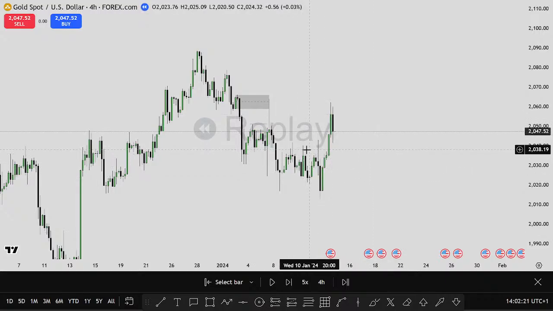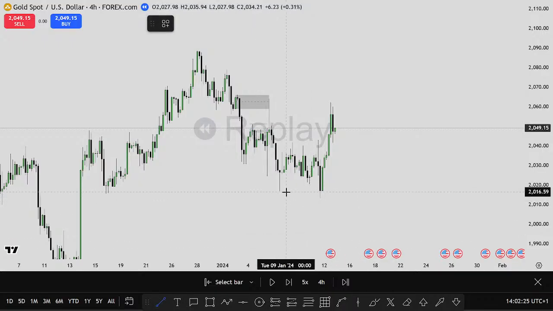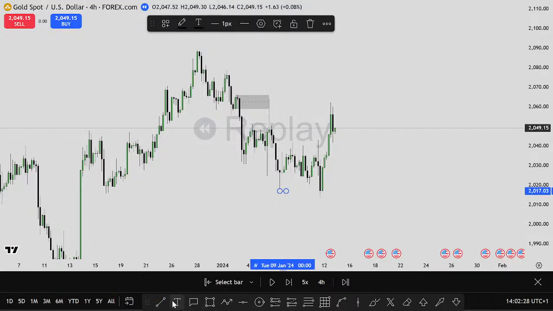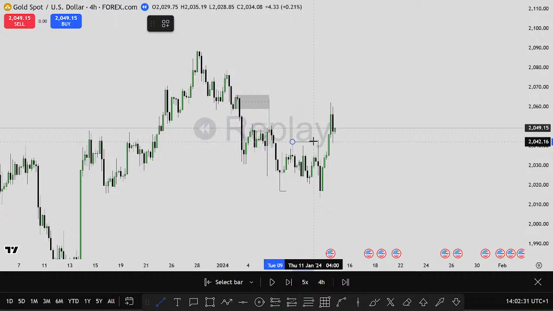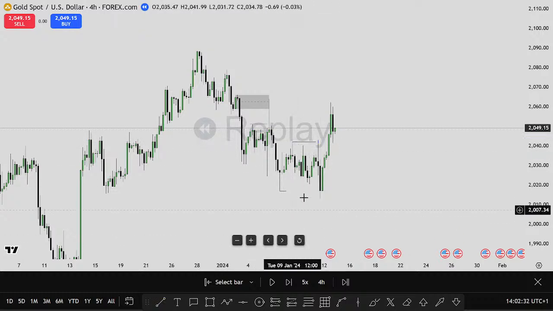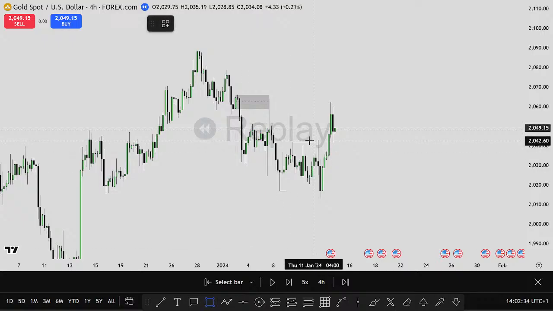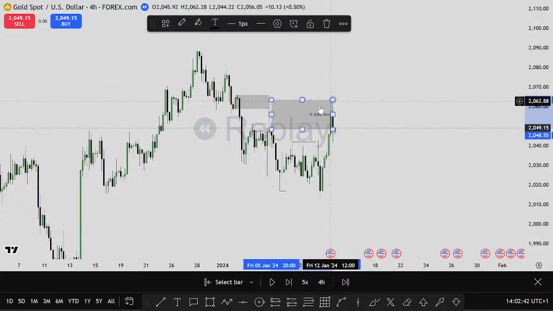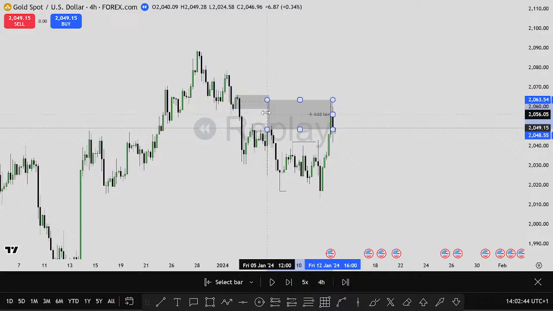Like this now, see this here. This one is a breaker structure, meaning that this one here is serving as, what do we call it, liquidity inducement. Then this one will be like QMR, but I don't think it will hold.